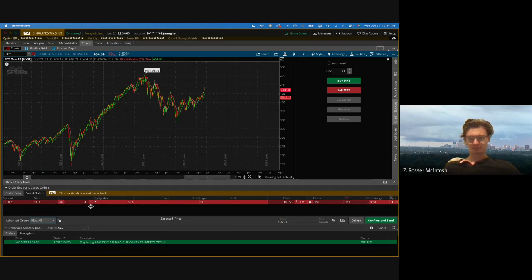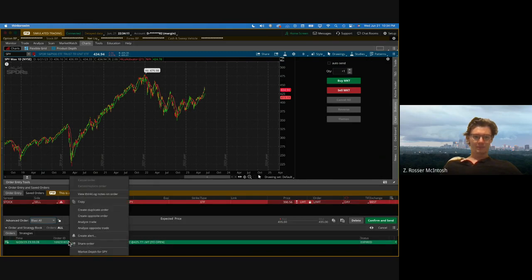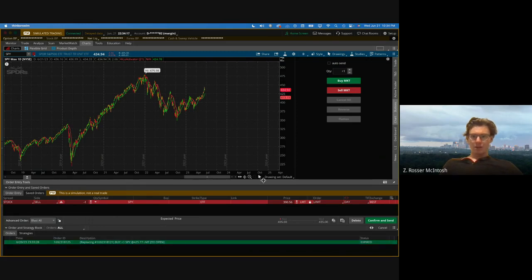But this is how we set up orders. So we can go to here. Let's say for a short sell limit, we want 450. We do that, and then we hit confirm and send.